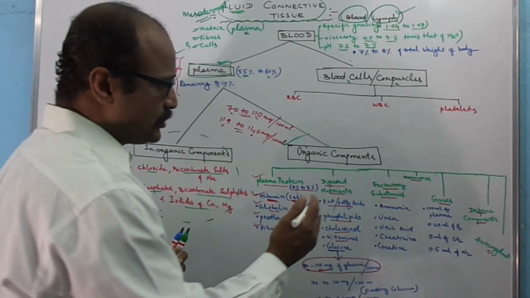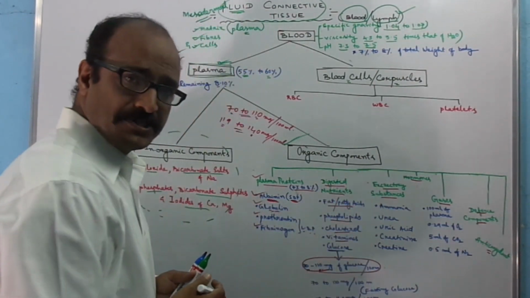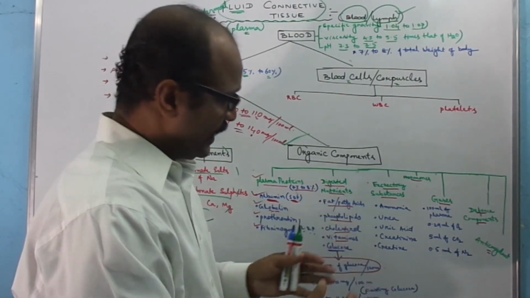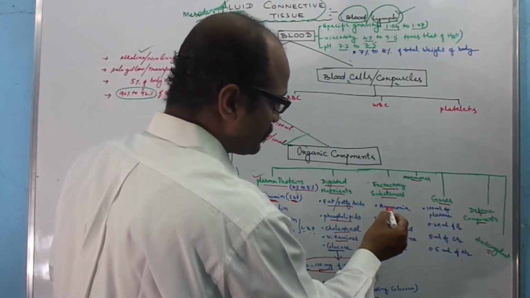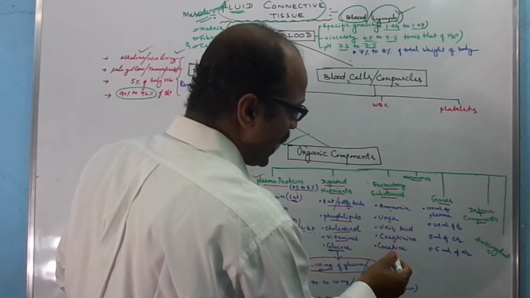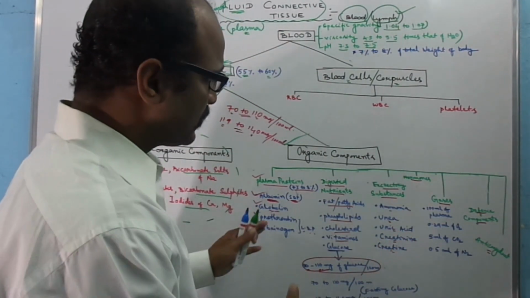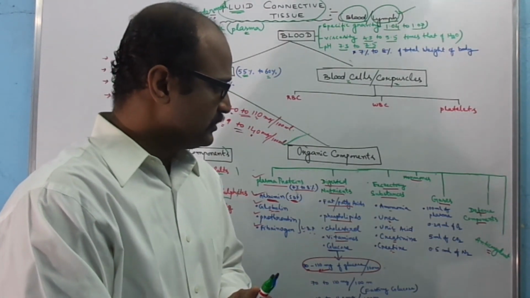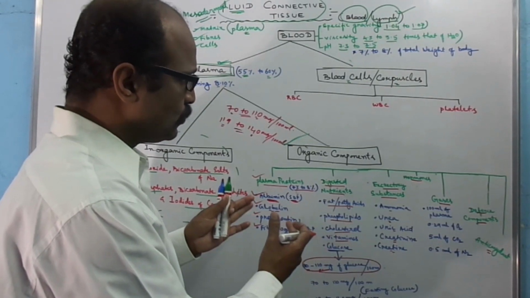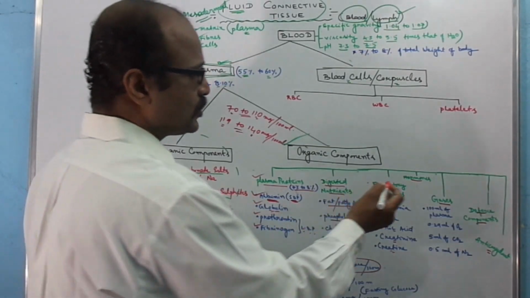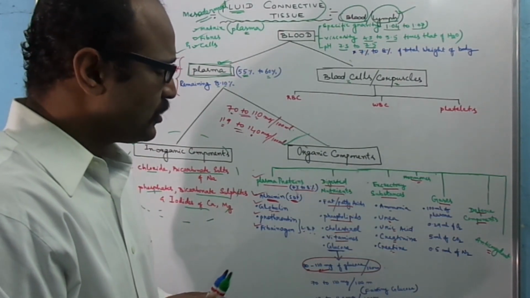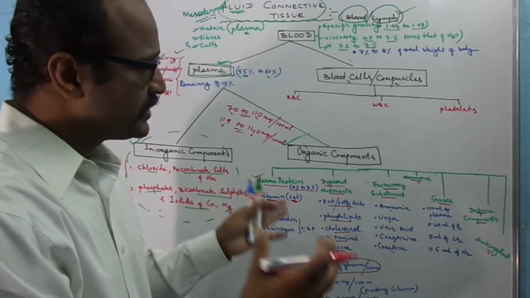Some excretory substances are also present in plasma, which are filtered by the kidney. These excretory substances may be ammonia, urea, uric acid, creatinine and creatine, etc. Blood plasma also contains hormones. Such hormones are secreted from the endocrine glands and directly mixed with the blood.